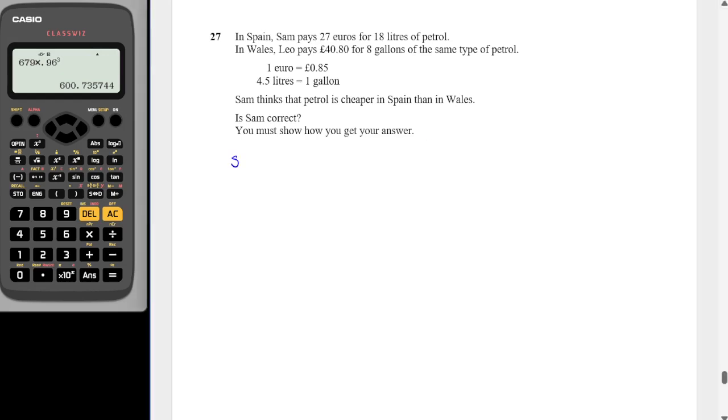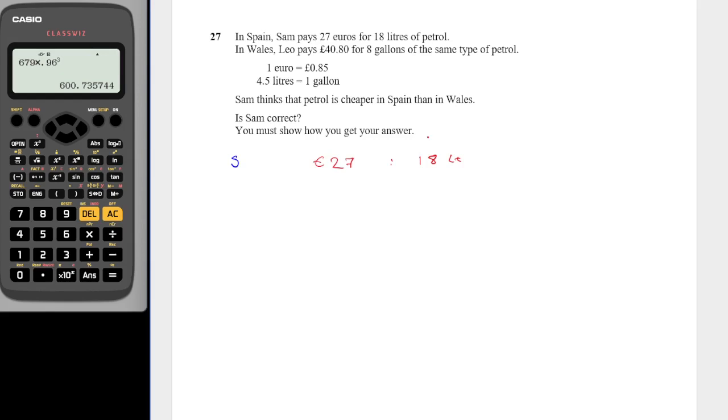So in Spain we've got €27, and we get 18 litres. I'm going to have to convert twice, and what I convert to is completely up to me, but I'm going to convert them both into pounds per litre. So I'm going to convert this into pounds first of all.